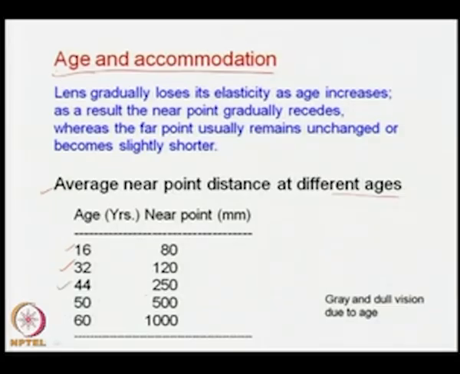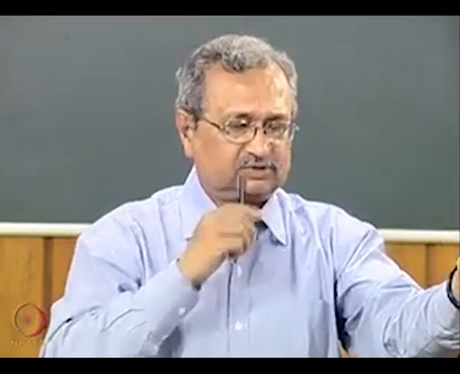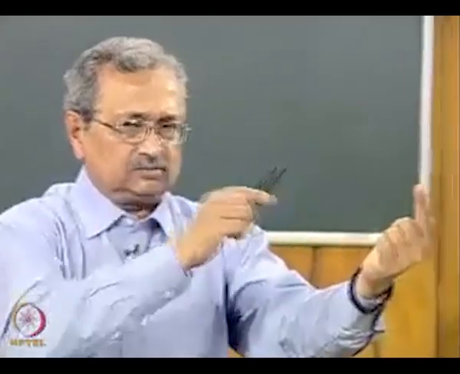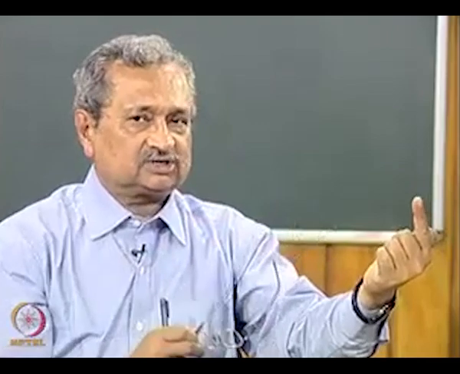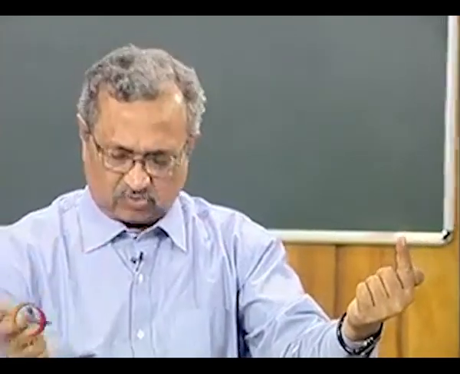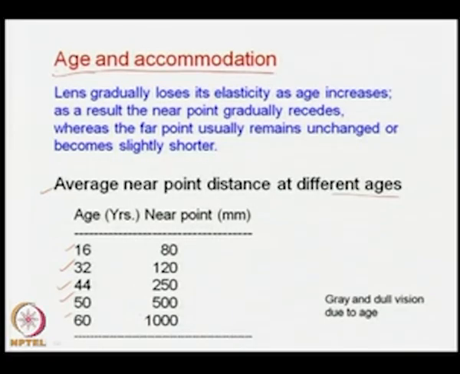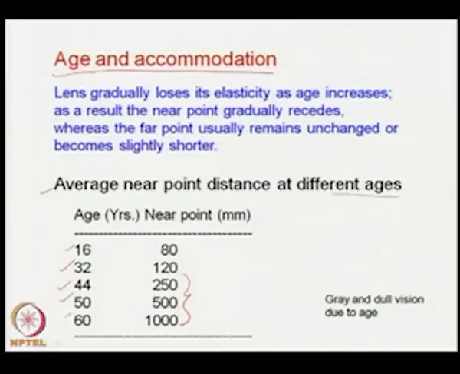At around 44, around 25 centimeter, that is 250 millimeter. At around age 50, around 50 centimeter, that is 500 millimeter. Beyond that, if it is very close without any specs, it is very difficult to focus. And around 60 years of age, it is around 1 meter, and below 1 meter it is difficult to focus. So, for this, we need to rectify the problem by wearing glasses.